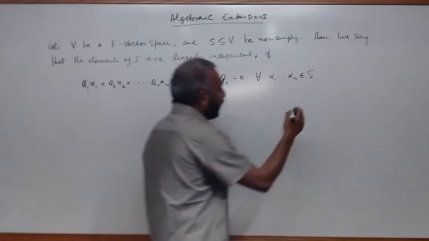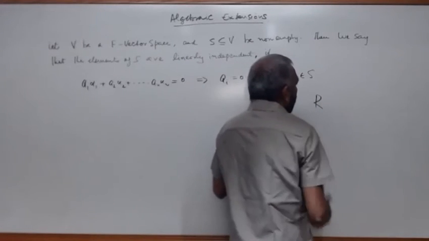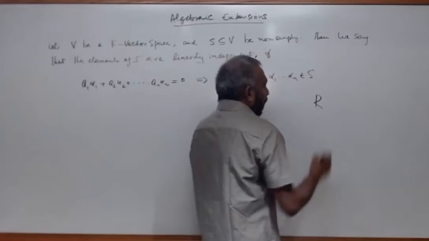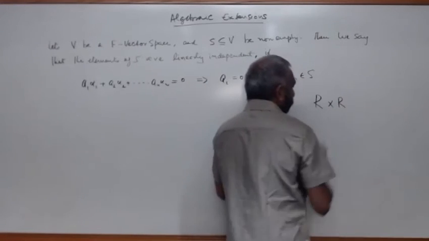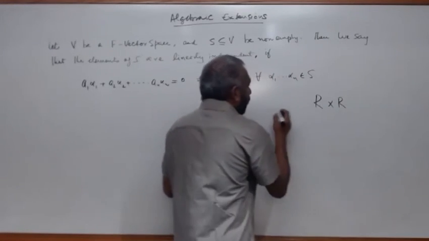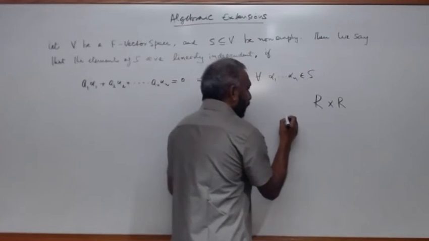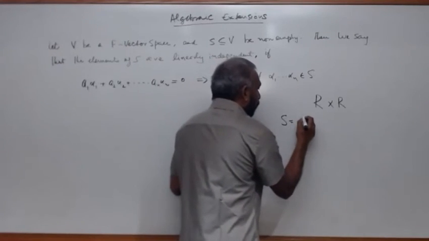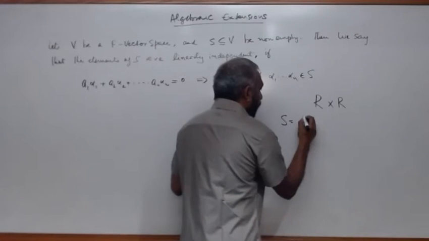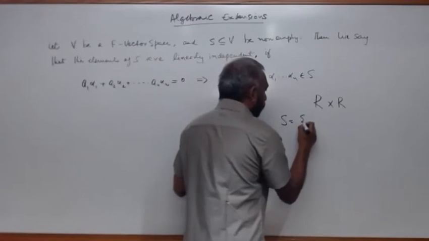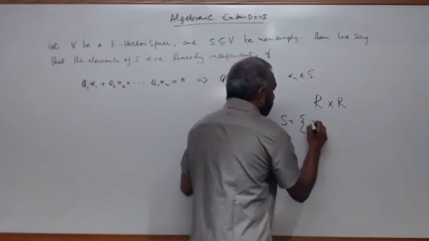For example, if you take R cross R, then I'm going to take just one element. Let's say S is equal to (3, 2).